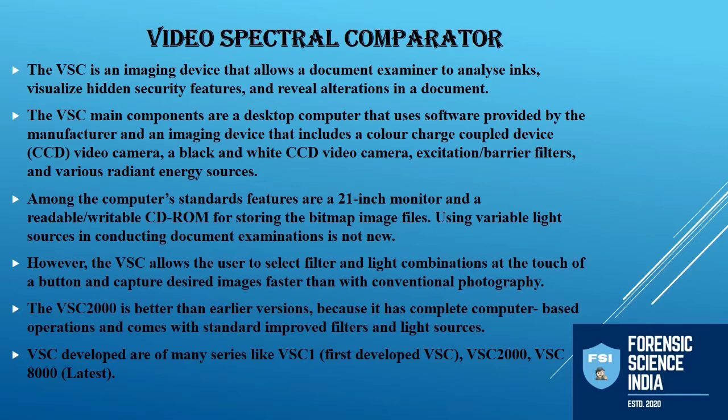Some of the series of VSC have been developed year by year, and the latest versions are more improved, with improved filters and light sources and well versed computer based operations. So the VSC developed are of many series like VSC 1, the first developed VSC, VSC 2000, VSC 8000, and many more. This VSC 8000 is the latest one.